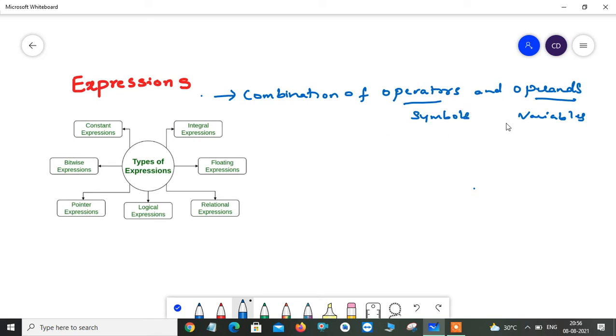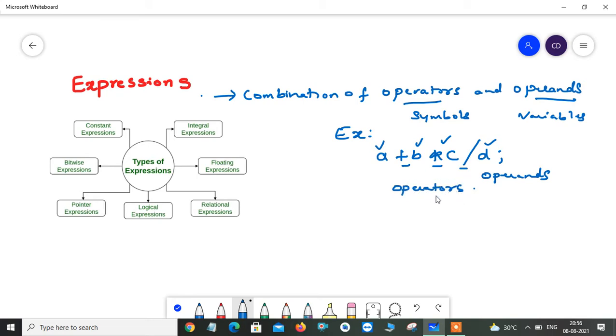You can use a combination of both operands and operators, and those things are said to be expressions. For example, if I am given A plus B multiplied with C divided by B, this is an expression. You can observe that A, B, C, D are the operands, and plus, multiplication, division are the operators.